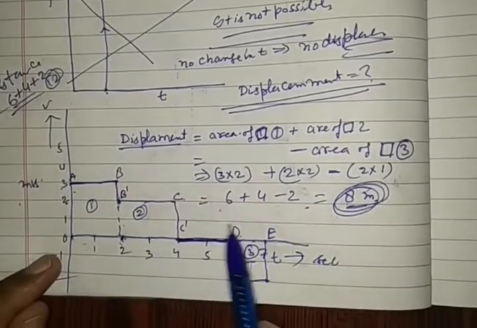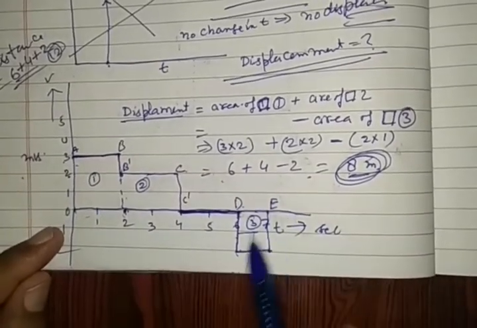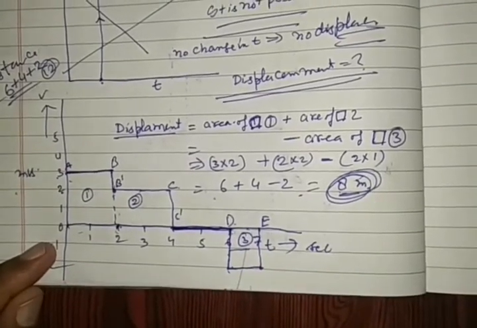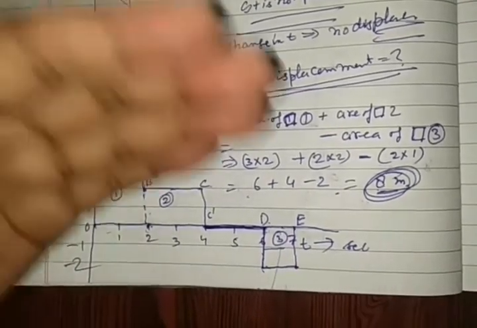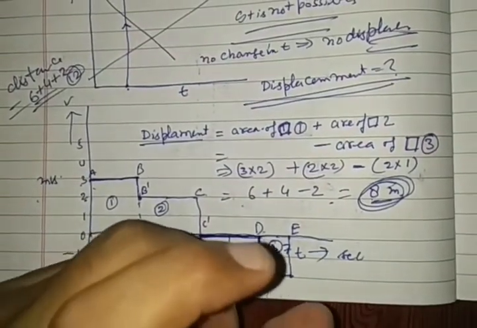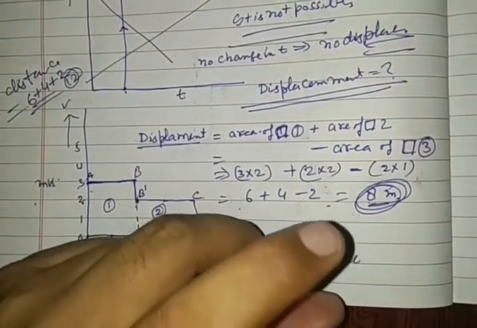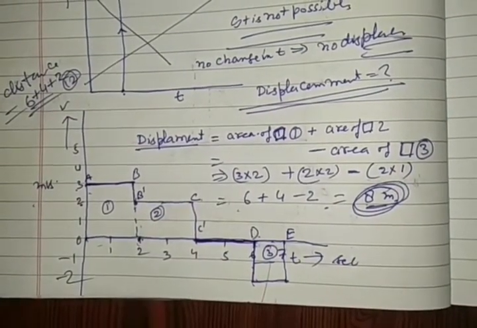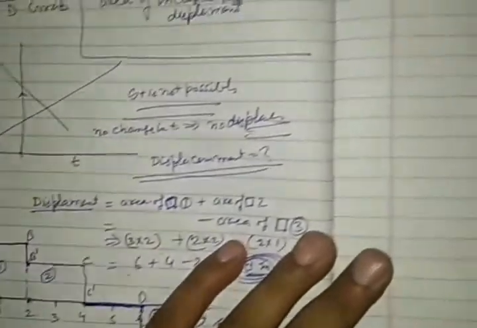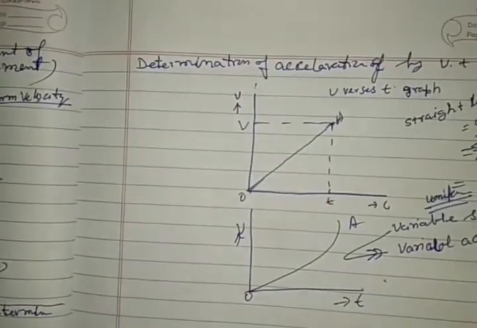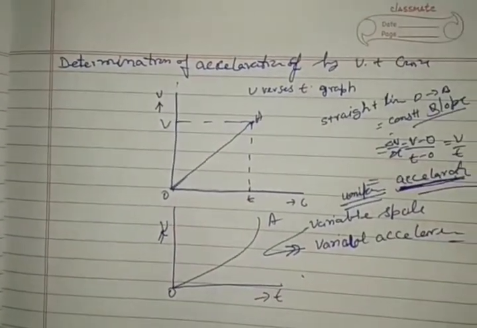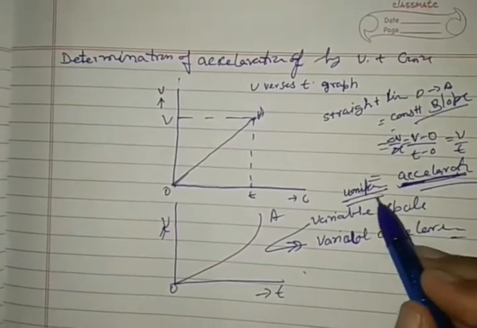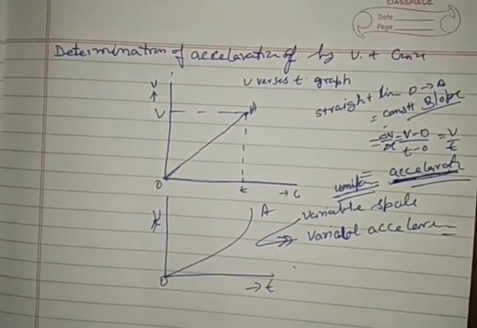In that condition, the total area determines displacement. If upward is positive and downward negative, displacement is done in this algebraic way, and when we calculate distance, normally we add all the areas, whereas on the same axis, slope determines acceleration. The nature of the slope determines whether this acceleration is uniform or variable.